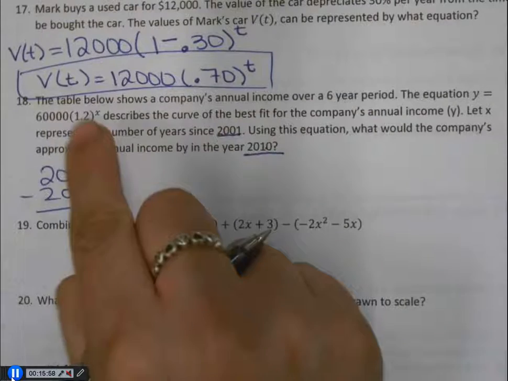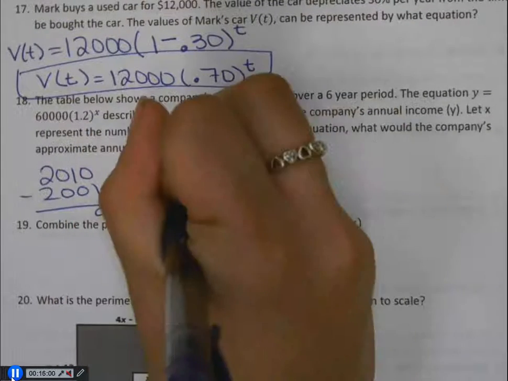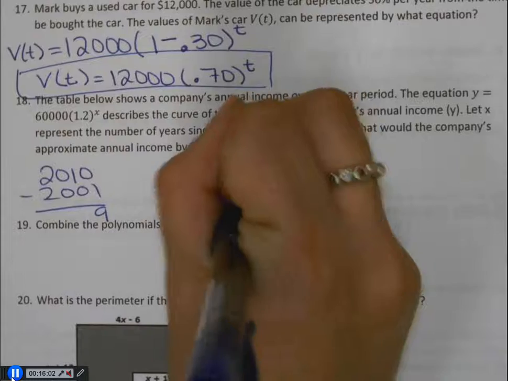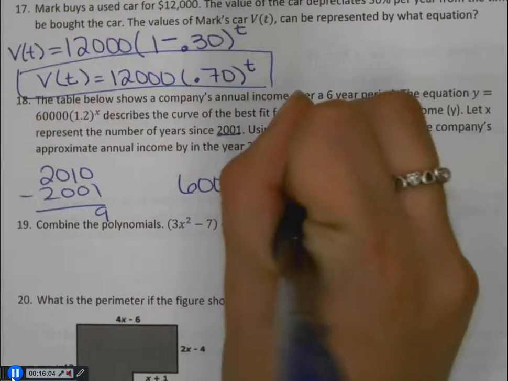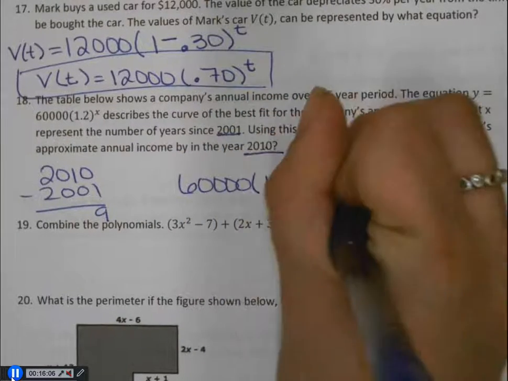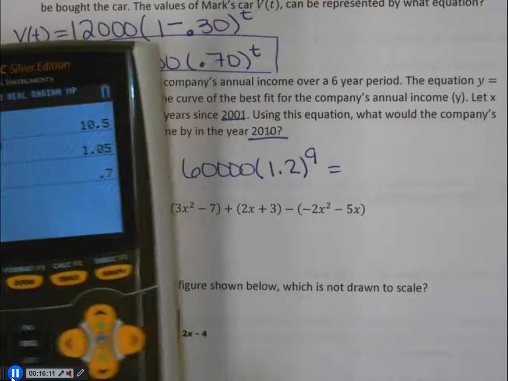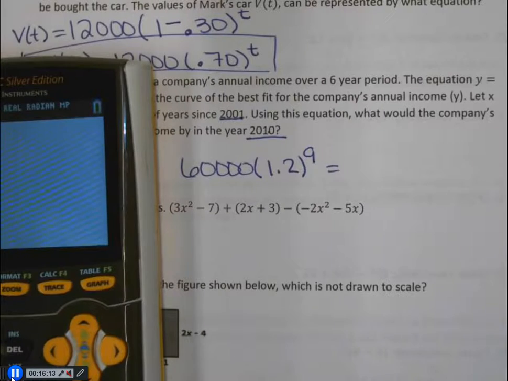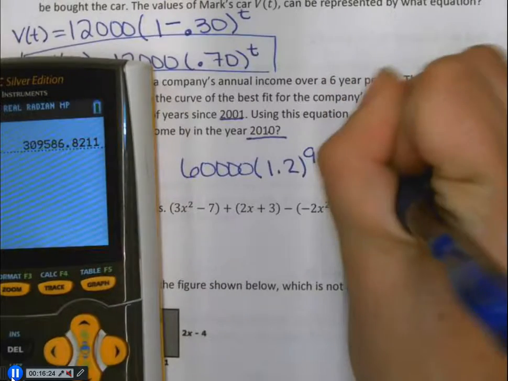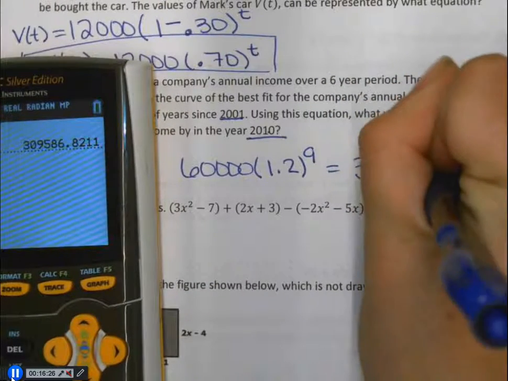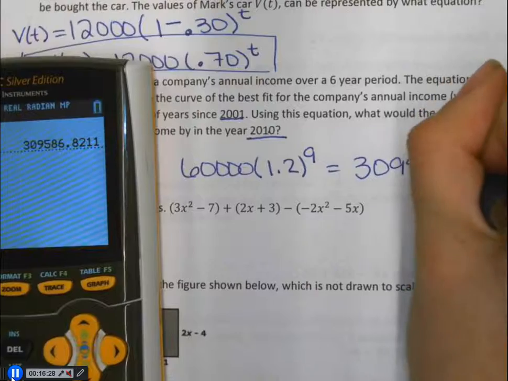So then I'm going to plug 9 into this equation, and then type this into my calculator. Since I'm working with money, I'm going to round to 2 decimal places. So I have 39,586.82.